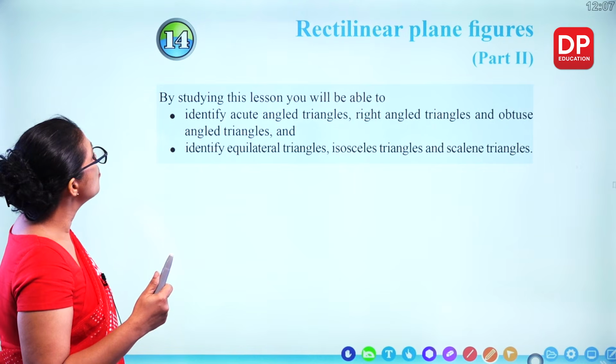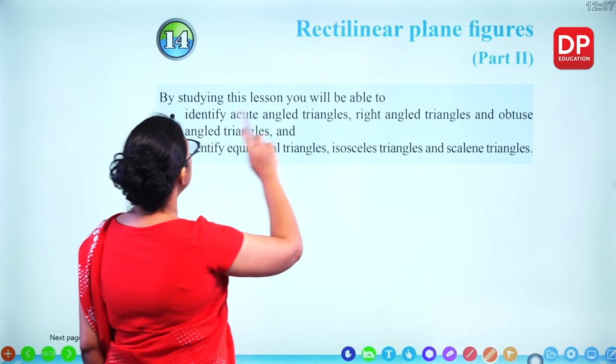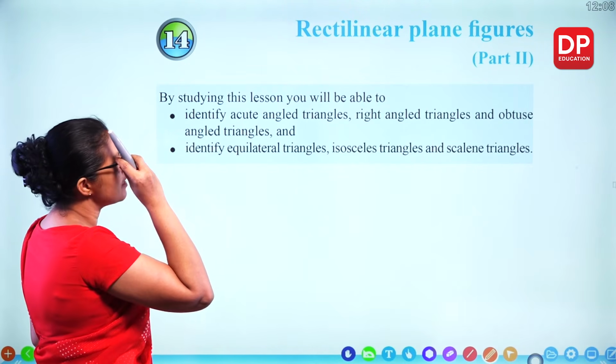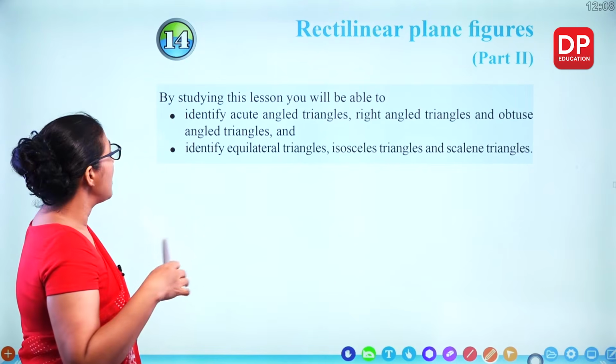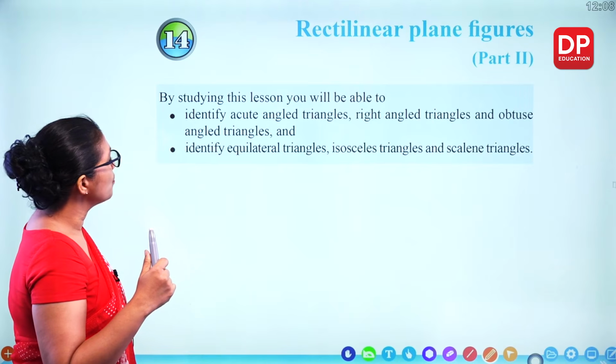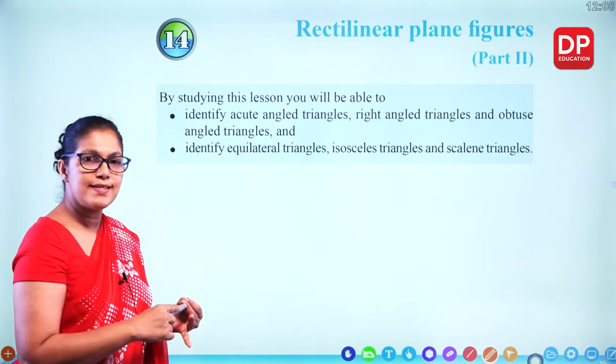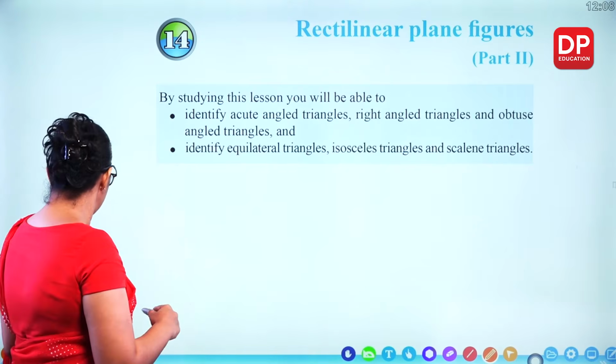So part 2, we are identifying acute, right angle and obtuse angle triangles. We did that, and we are trying to do the exercises in part 2, and also equilateral, isosceles and scalene triangles.